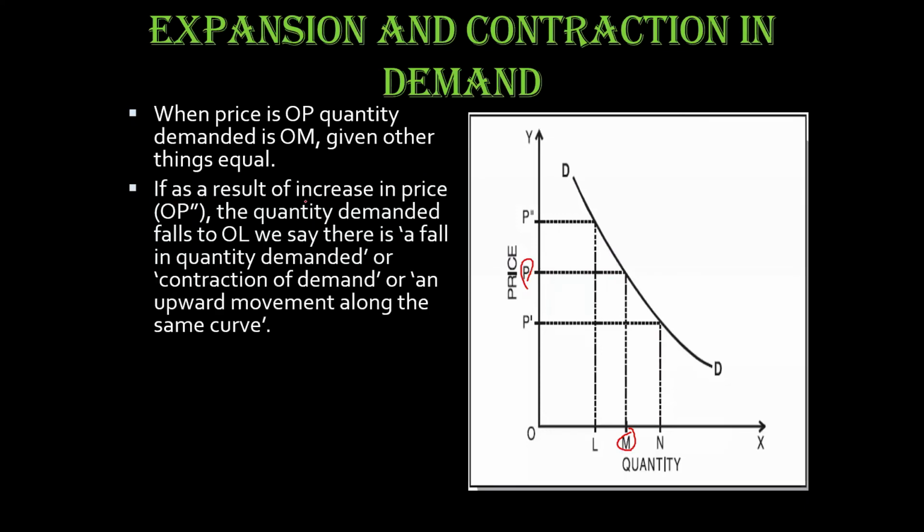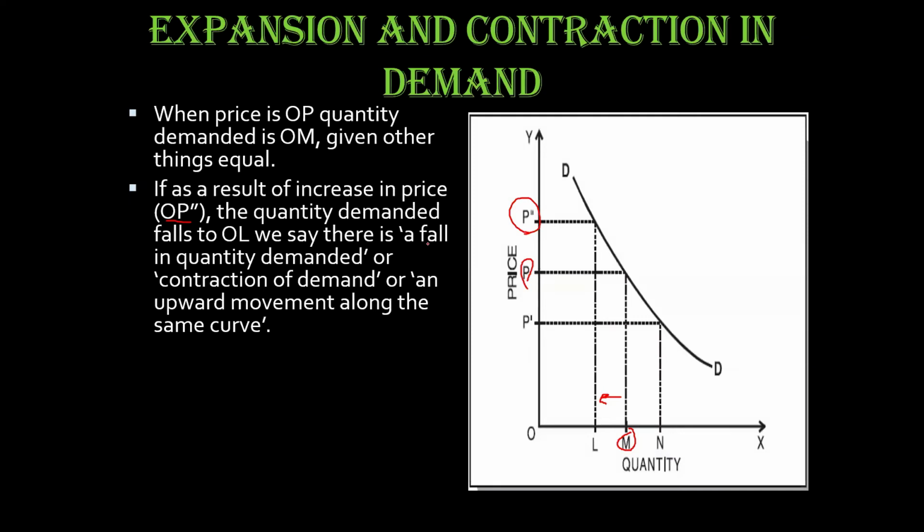Now if, as a result of an increase in price, the price becomes OP double dash, as you can see, there is a fall in quantity demanded, or we can say decrease in quantity demanded. Whether we use the words fall in quantity demanded or decrease in quantity demanded, it is all the same thing.